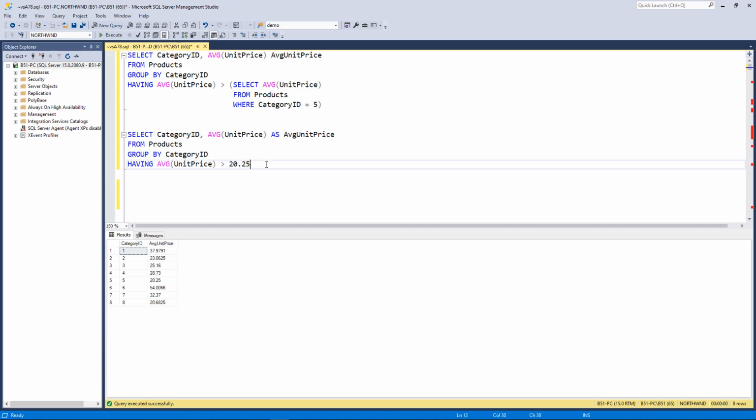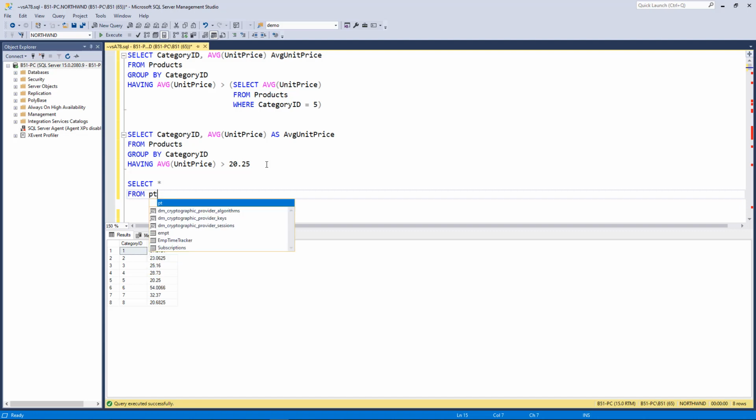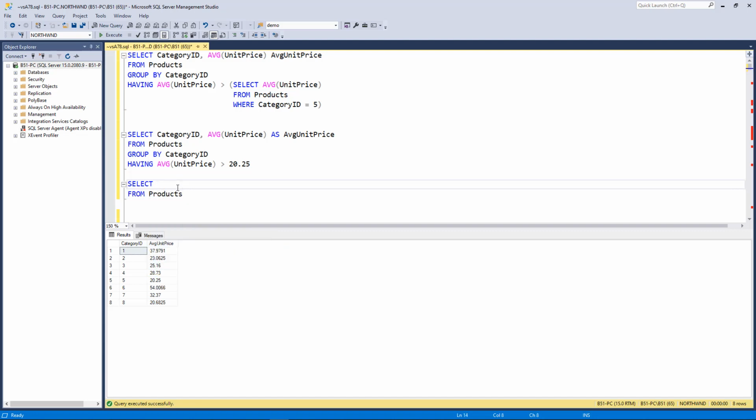What we need is to add a subquery. SELECT, we want the asterisk FROM the products table. What we want from here is the average of unit price. Of what? WHERE. Now pay attention that we filter the rows.